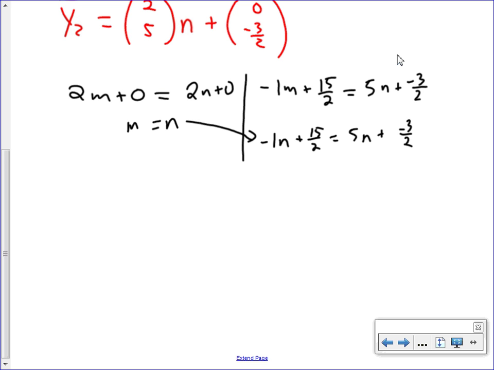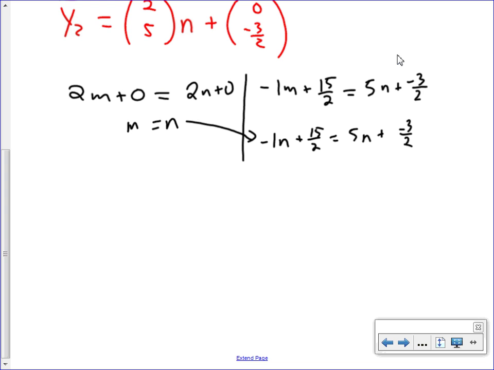You just have to get rid of one of the variables because you can only have one variable to solve it. Oh, it doesn't like to be substituted? Got you. Okay.